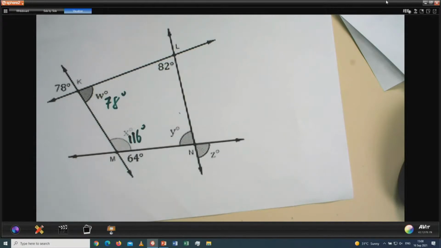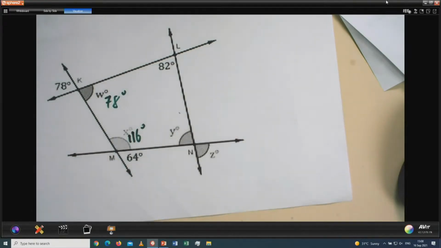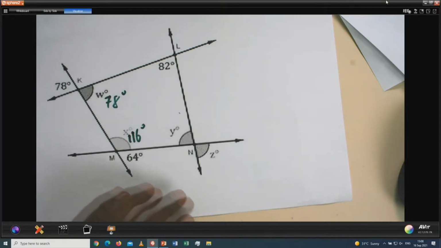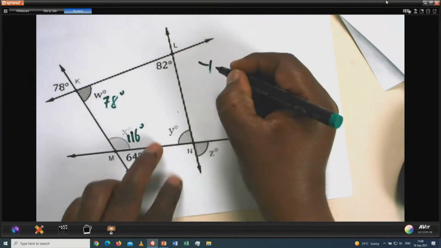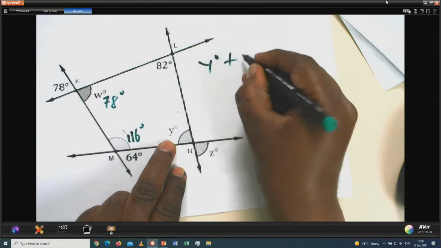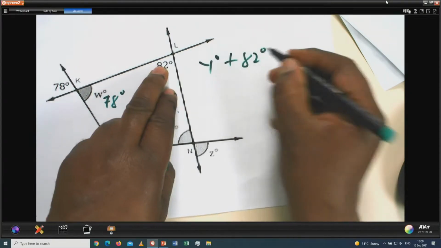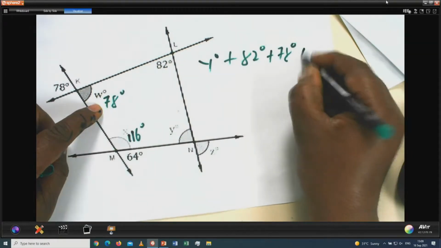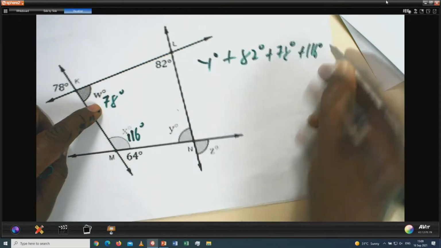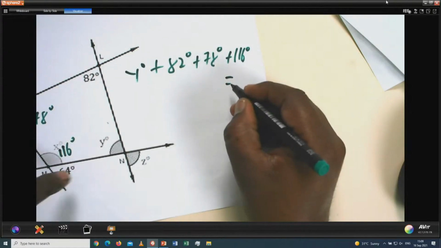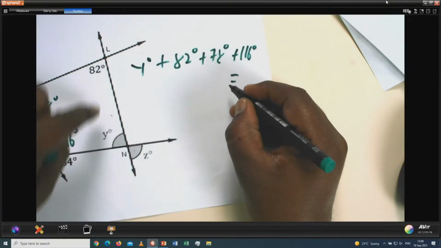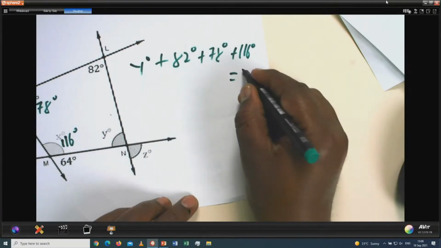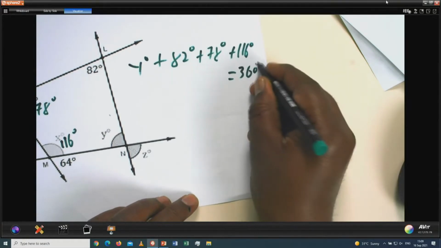Step by step. Y and Z, we don't know, but what is the relationship of Y? Y plus 82 degrees plus 78 degrees plus 116 degrees is equal to what? 4 angles in a quadrilateral: 360, yes.